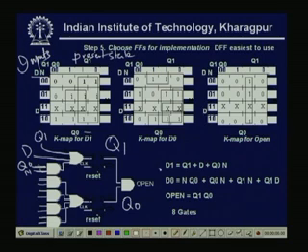So, it will generate this d1 input. So, if I now put one d flip flop here, this is my d input and this is my q output. So, this is my clock and this is reset.